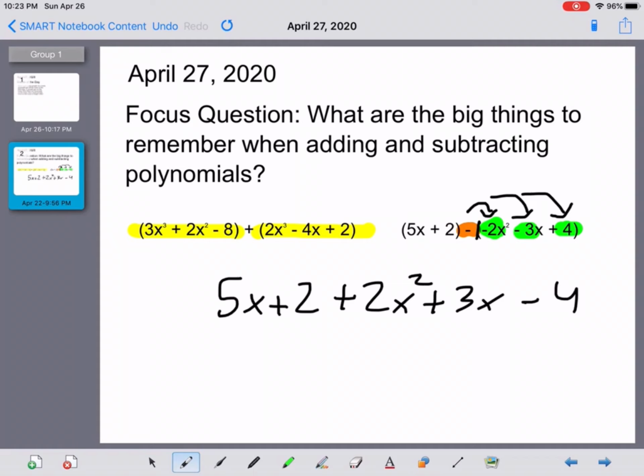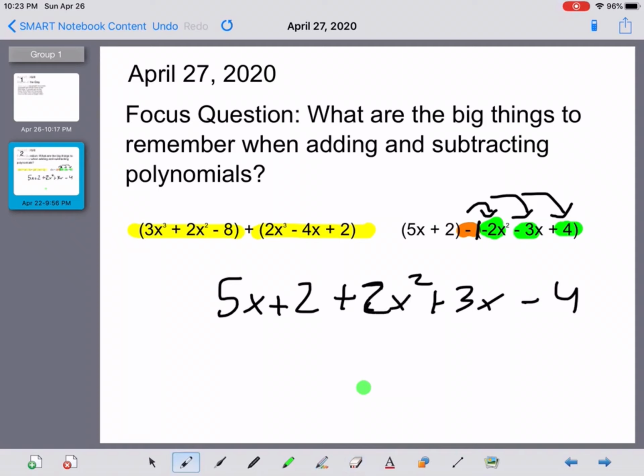Now, what are we going to combine here? What are the like terms? Well, it looks like 5x and 3x are like terms, and 2 and negative 4 are like terms. On the video, you're going to notice me highlighting those like terms.